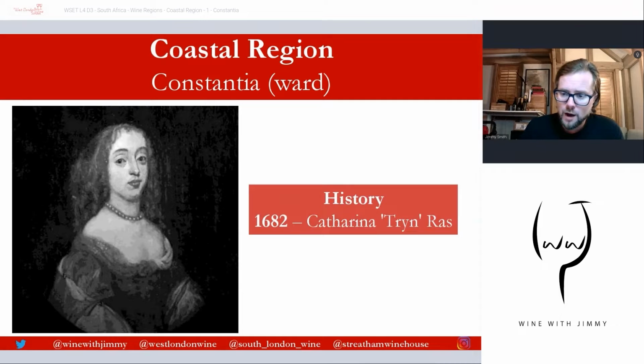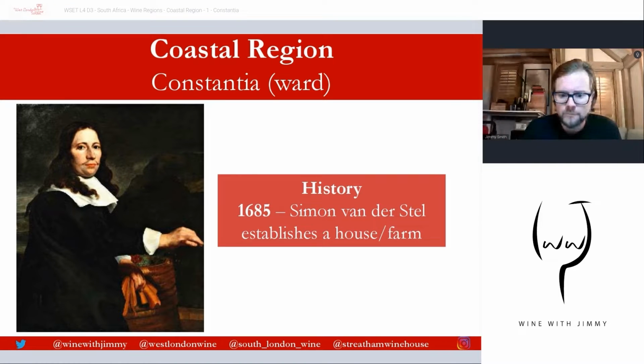Her farm consists of about 12 morgen, that's about 25 acres of really good grainland and sufficient stock for her needs. So the reason why we include this is not necessarily for vine at this point, but the winery that's there today, Steenberg, talks about her a lot, and their top wine is named after her, called Katharina, because of the origins of farming in this area.